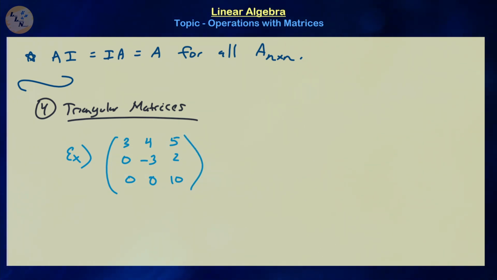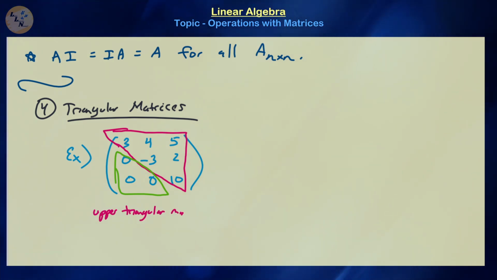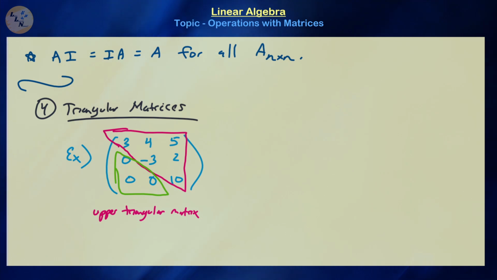Notice that if I look at the diagonal and all of the elements above that diagonal, I get a triangle where the lower triangle is filled with zeros. This is referred to as an upper triangular matrix because all of the values in the lower triangle are 0.